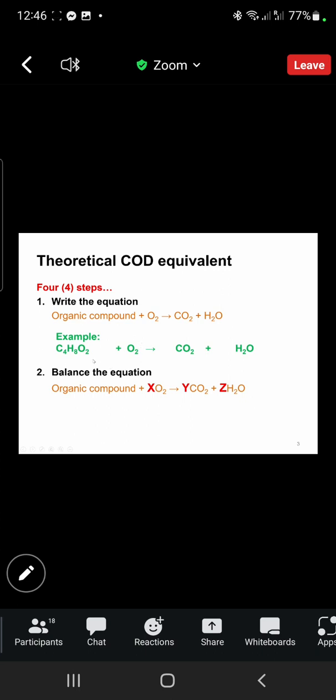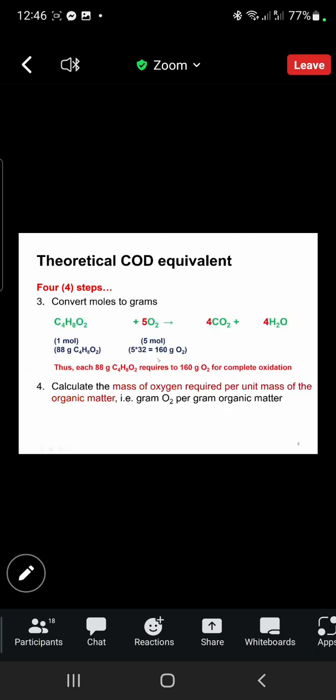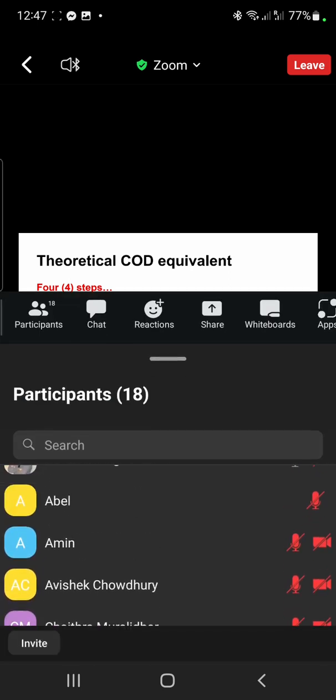But anyhow, if you set the acetic acid under a combustion reaction and balance it, I'm pretty sure all of you can do this, it's based on high school chemistry. You can find out how much oxygen you need per gram of acetic acid.